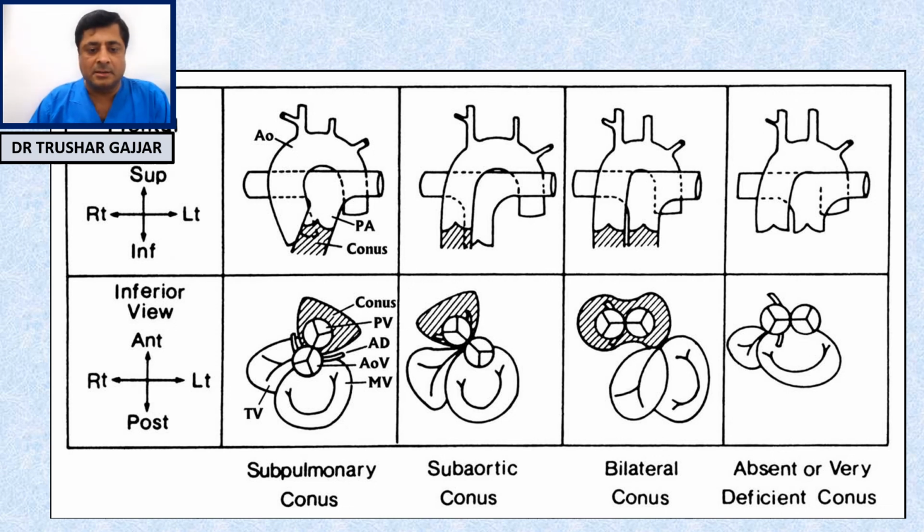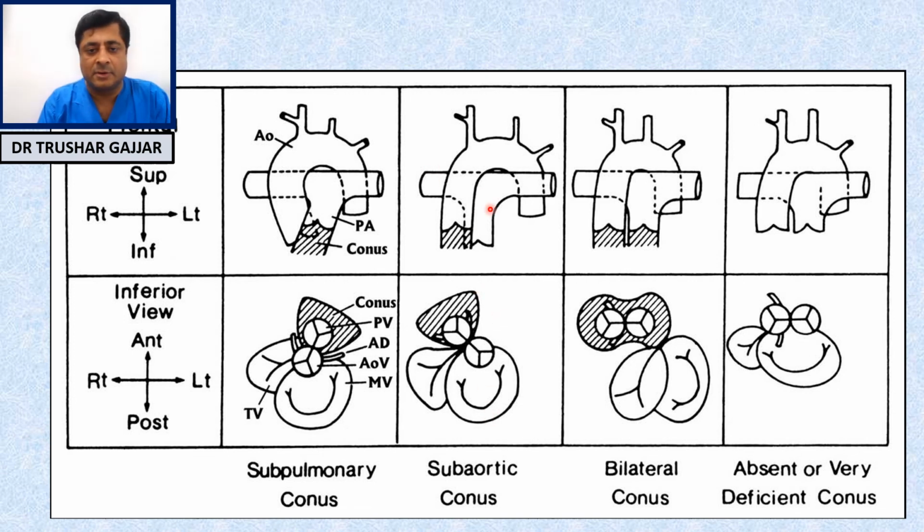What we are seeing here: the subpulmonic conus is patent in the first picture. That means subaortic conus has disappeared, subpulmonic conus is present, and this is the normal heart. Here, subpulmonic conus has disappeared and subaortic conus is present.